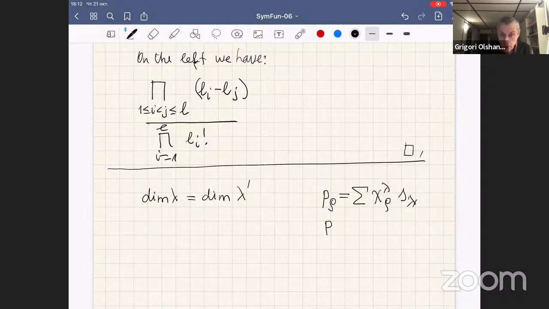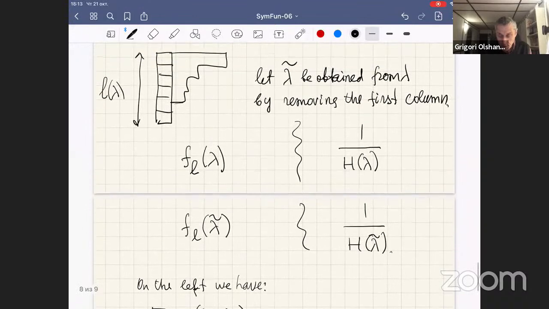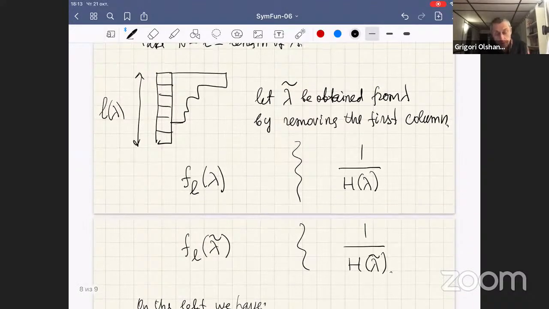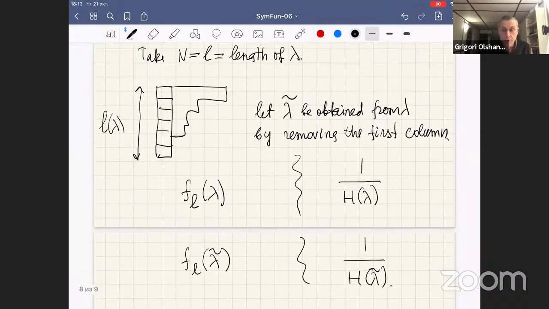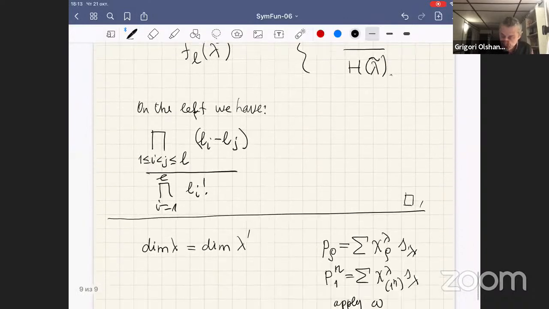Take rho equal to 1, 1, 1. This means... and just apply our involution omega. And applying it, we see that the result does not change. That is, the left-hand side does not change, and on the right-hand side, we get lambda transposed. Okay. And the Hooke formula has this symmetry, but the Frobenius formula does not, because it prefers the row length and the columns length, but it can be repaired.